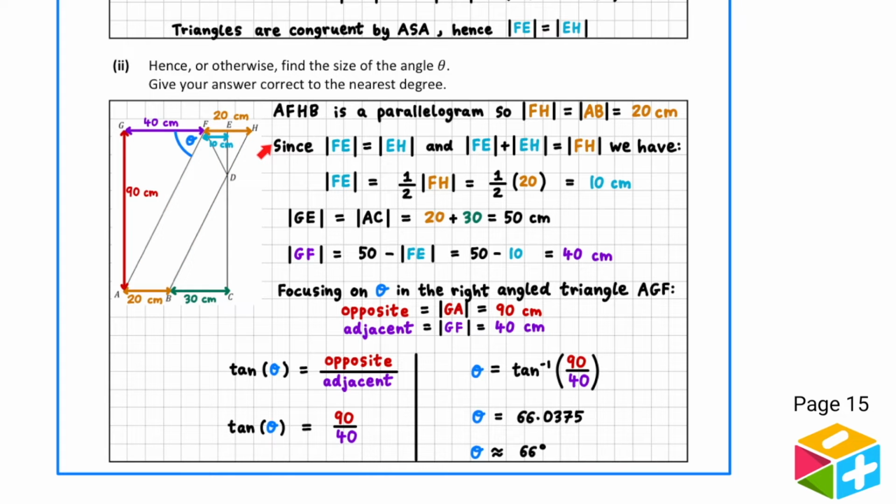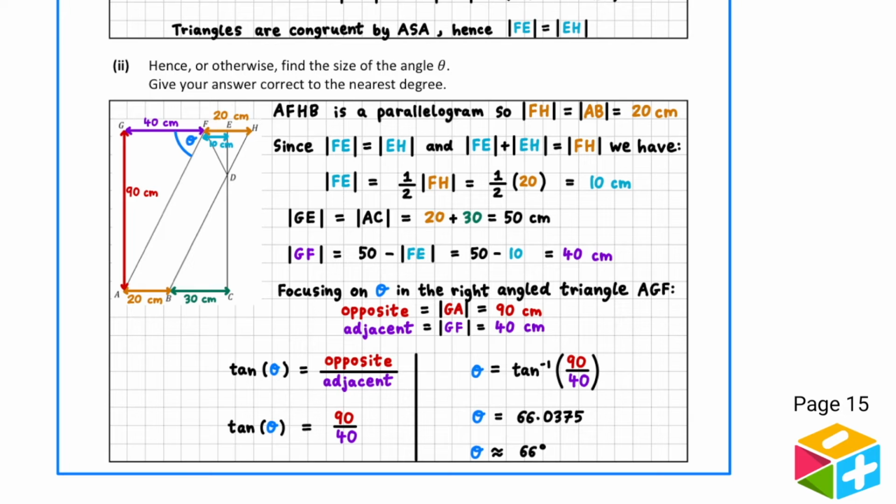In the previous part of the question, we showed that FE and EH were equal in length. This means that the 20 centimetres for FH is split into two equal parts, 10 centimetres for FE and 10 centimetres for EH.